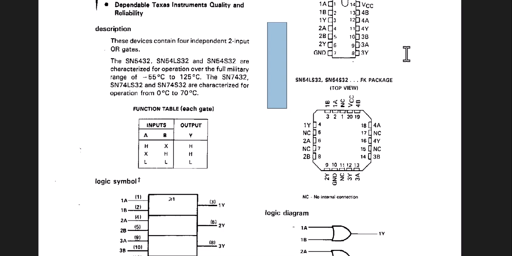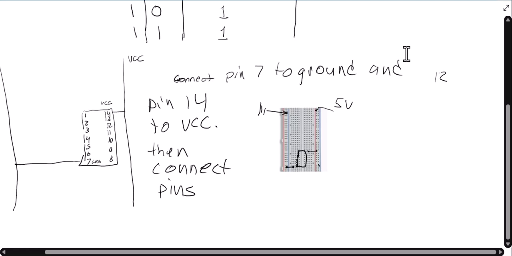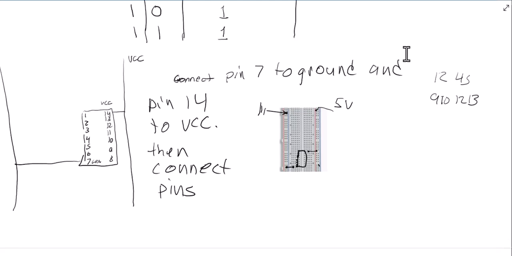Y'all help me remember this. 1, 2, 4, 5, 9, 10, 12, 13. Yours will probably be real similar, since mine is an OR gate and yours is an AND gate.